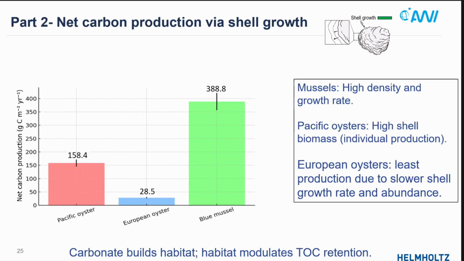European oysters produce the least amount of carbon dioxide due to slower shell growth rate, which is between 15 to 20, about 17 millimeter per year, and because of their decreased abundance compared to blue mussels or Pacific oysters. But we should remember that the carbonate builds the habitat, and the habitat modulates the organic carbon retention.